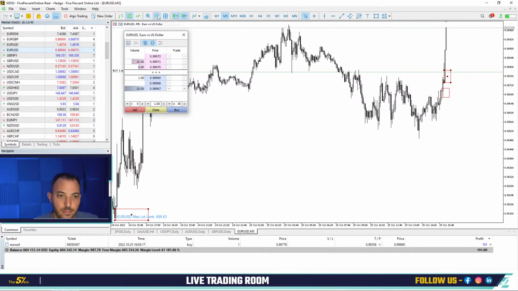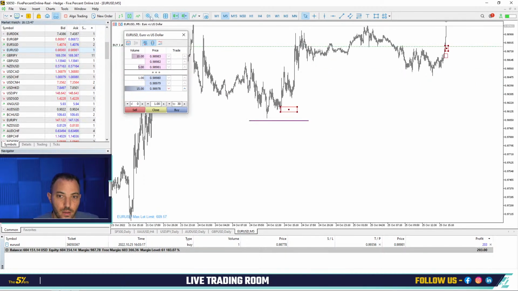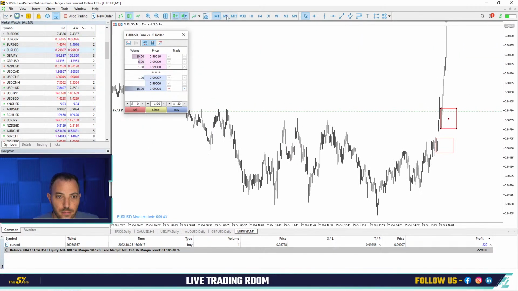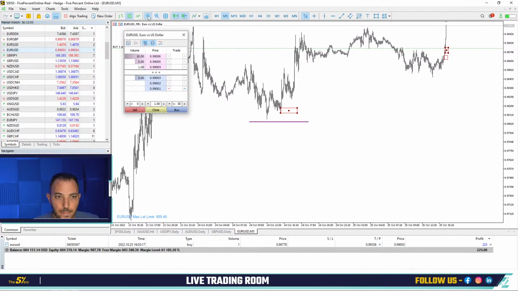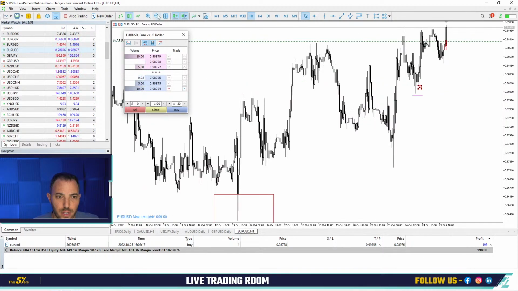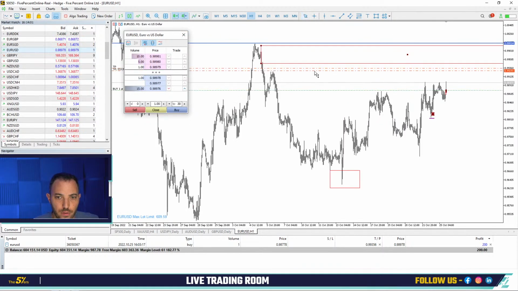So let's see. It's pressing there. It really is. Okay, it's trying to break. I saw on the hourlies we will have some resistance there.